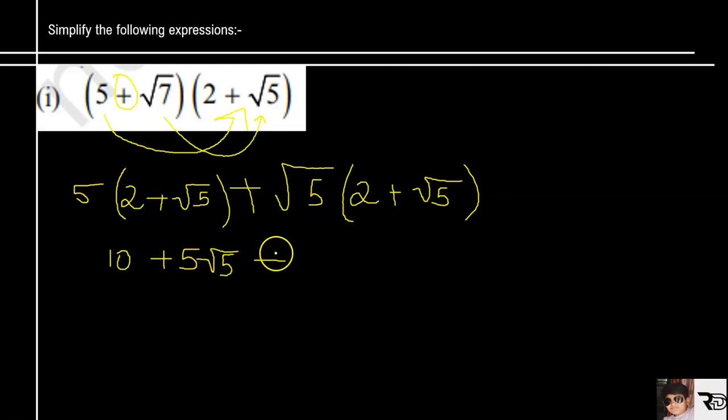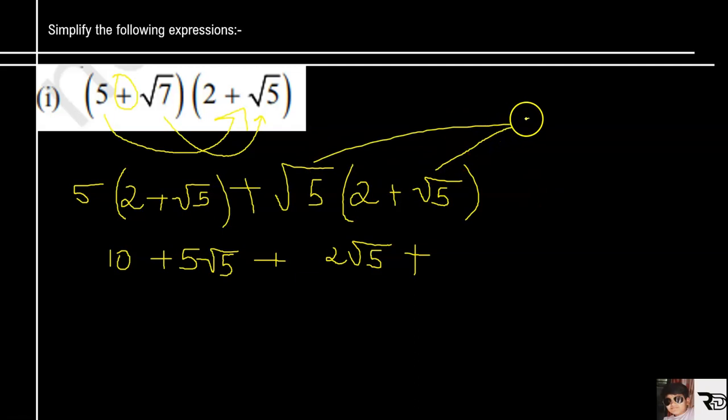Plus root 5 times 2 gives me 2 root 5. Plus root 5 times root 5 gives root 5 square, and square and root cancel out each other. So the remnant is 5.